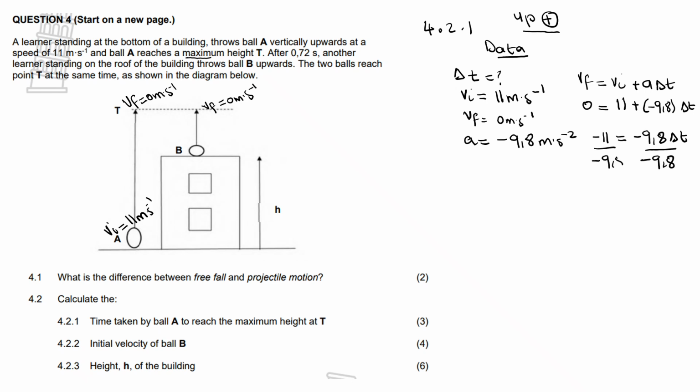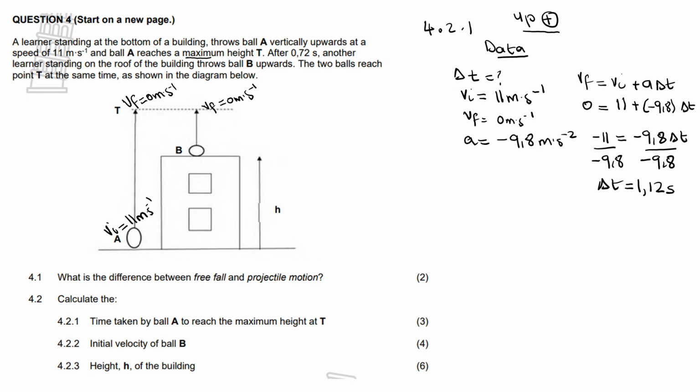Let me do this on the calculator. 11 divided by 9.8 gives us 1.12 if we round it off to 2 decimal places. So this is 1.12 seconds. And that's the answer for 4.2.1.